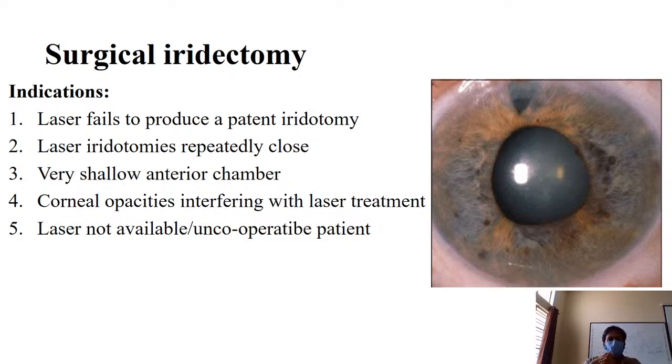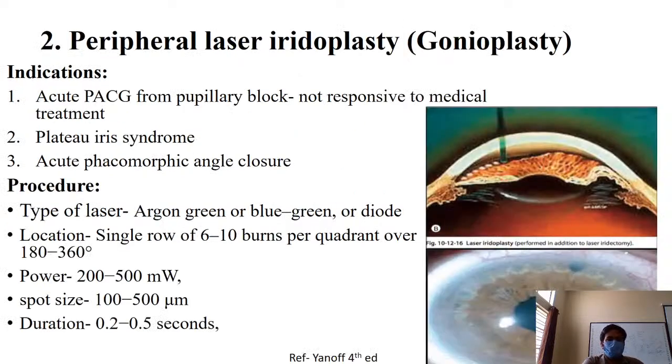So to avoid corneal burn, we go ahead with the surgical iridotomy. And in cases of corneal opacities which interfere with the laser treatment, or if you are posted in some rural setup where a laser machine is not available, you can go ahead with the surgical iridotomy.